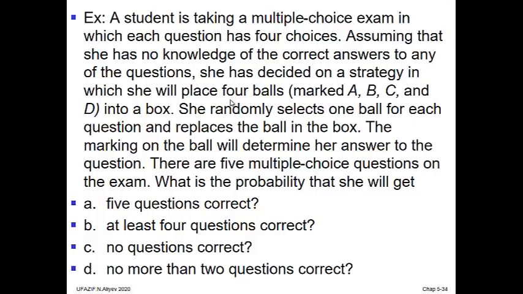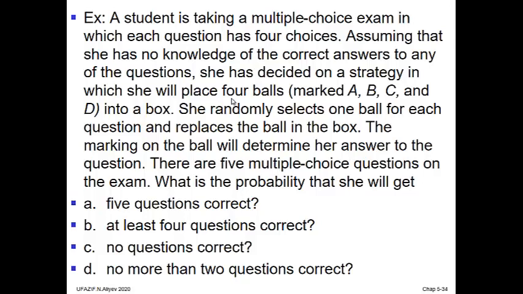So the probability of selecting the correct answer for her is 1 over 4, 0.25. And this probability 0.25 does not change from trial to trial. It's the same for all 5 questions. This is another condition.